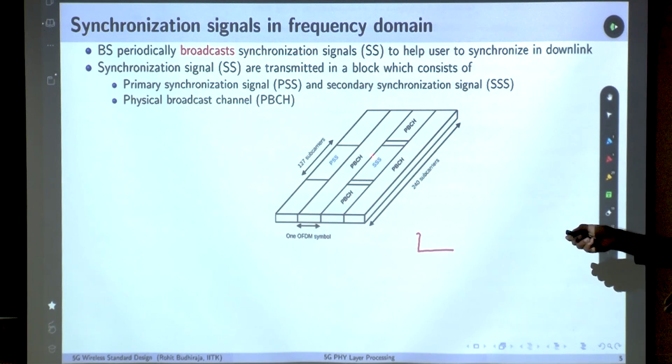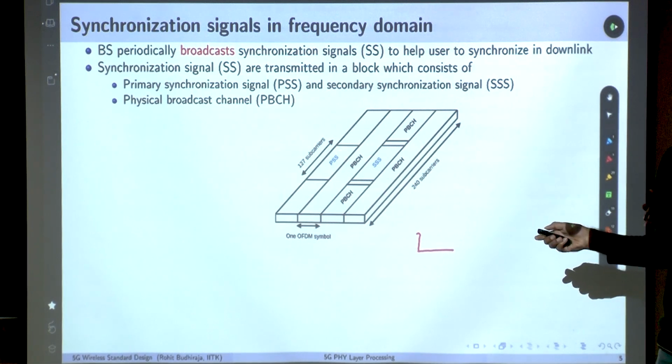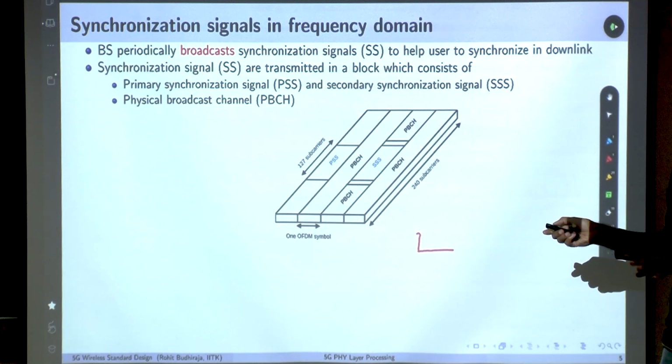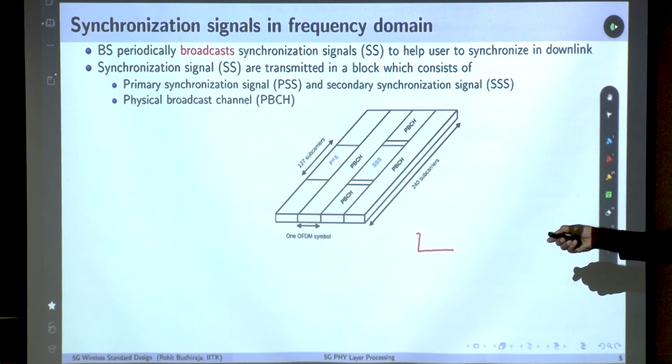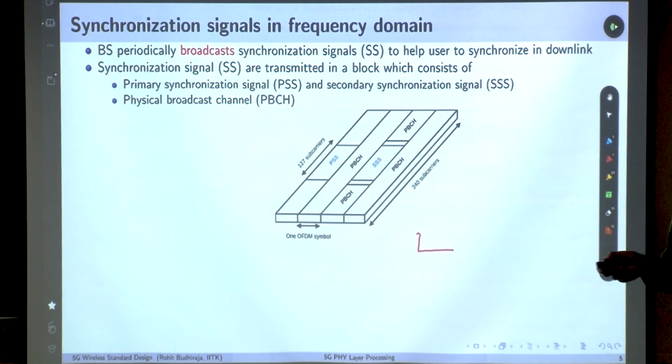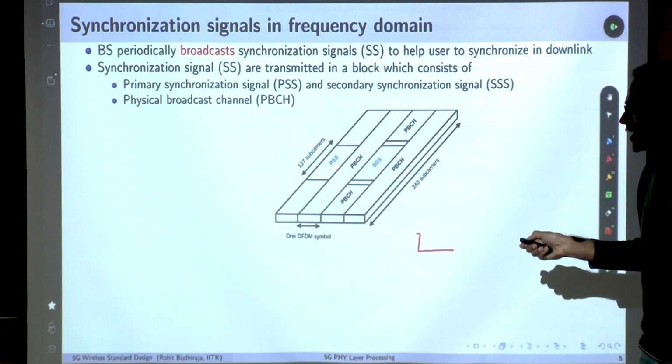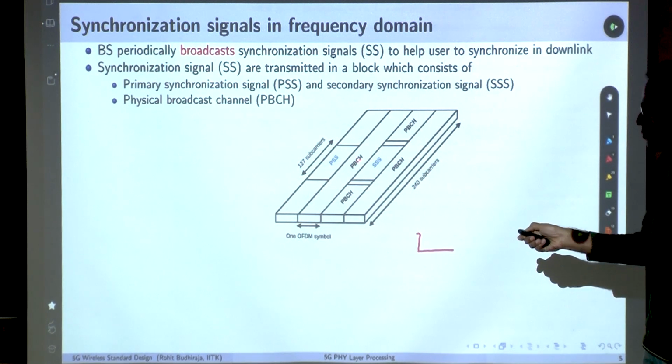So users should first find out the slot boundary, and perform frequency offset estimation using these signals, the primary synchronization signal and the secondary synchronization signal. Once they know this, from the slot boundary they'll be able to find out the symbol boundary. Then they can read the PBCH.